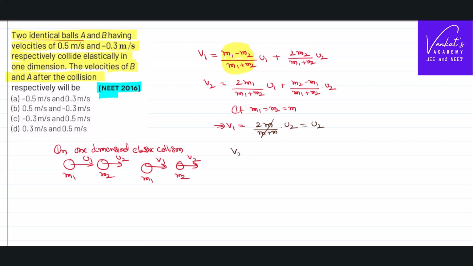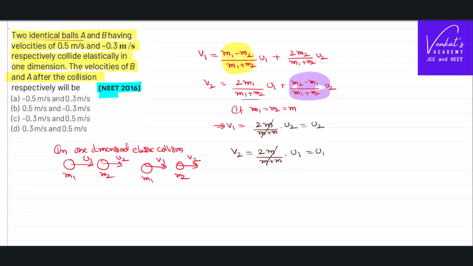And look at v2. Again, when m1 equal to m2, this second term becomes 0. What happens then? v2 will become 2m by m plus m of u1. So 2m will cancel.